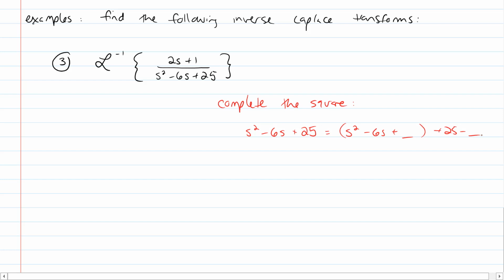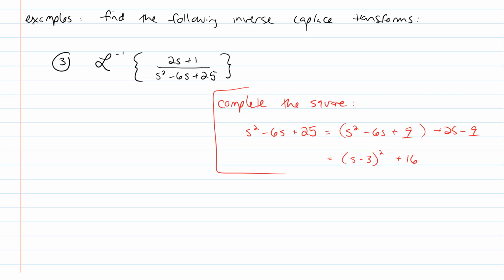Adding and subtracting the same thing leaves our expression unchanged. So to make the thing inside the brackets equal to a perfect square, we divide the negative 6 by 2 to get negative 3 and square it. So we're going to be adding and subtracting 9. And so we're going to get that this is s minus 3 all squared plus 25 minus 9, which is 16.